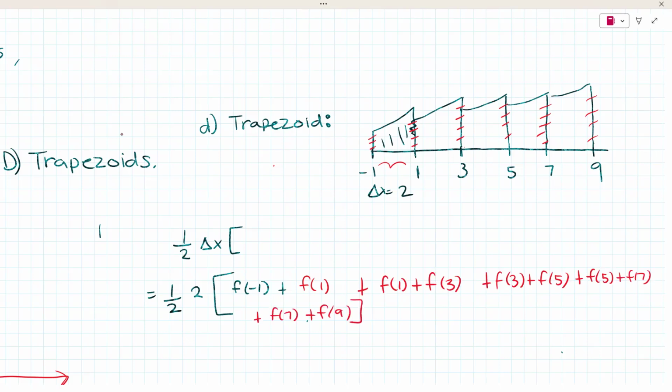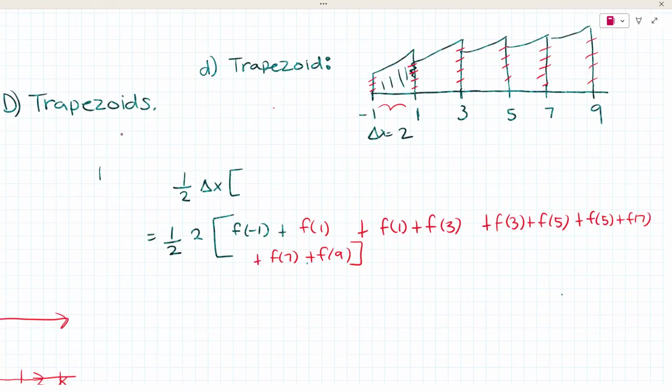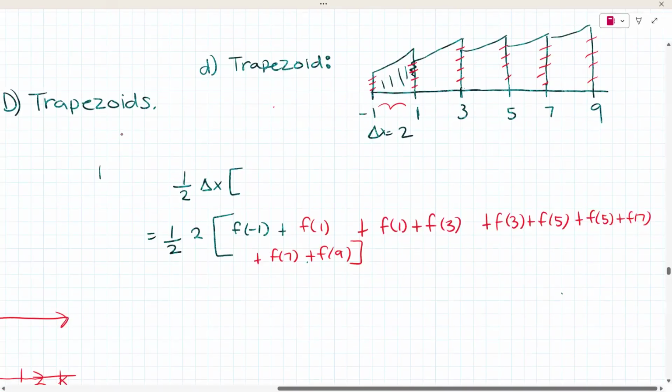Okay. And when you put that in the calculator, so 1/2 times 2 is 1. And then if you plug in f of -1, you should get square root of 0.